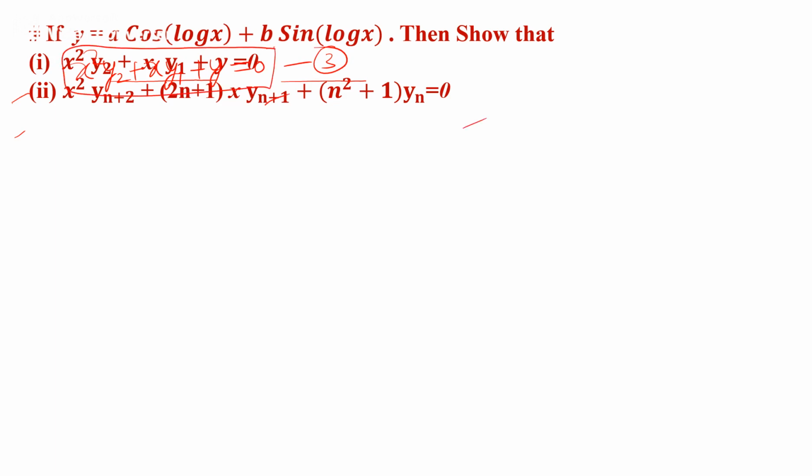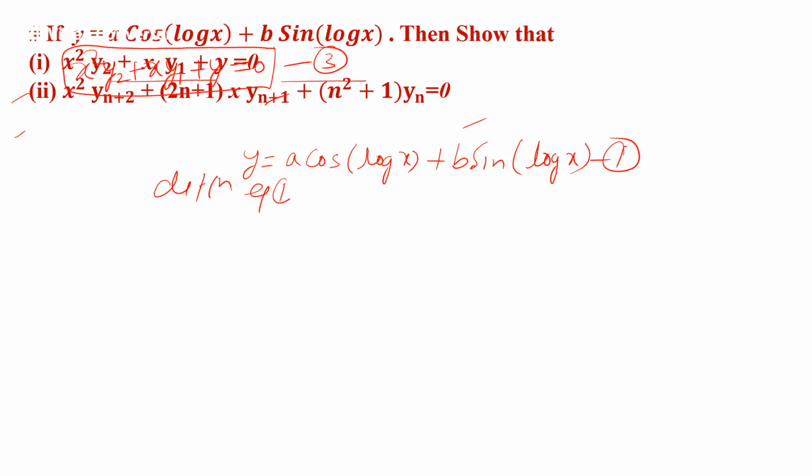So here, as in the previous example we discussed, we take the given function a cos(log x) plus b sin(log x). First, differentiate equation 1 with respect to x on both sides.